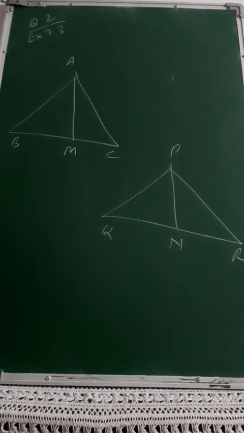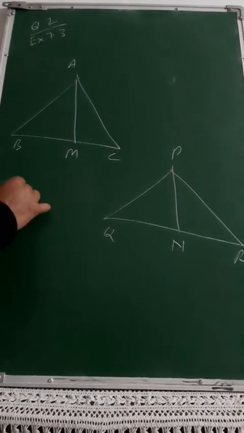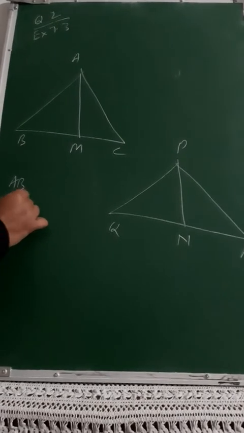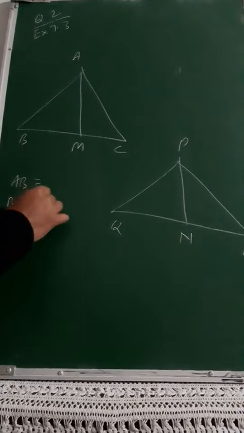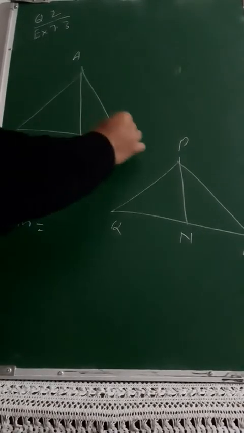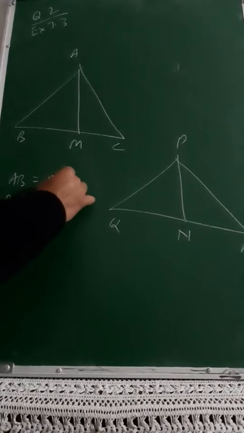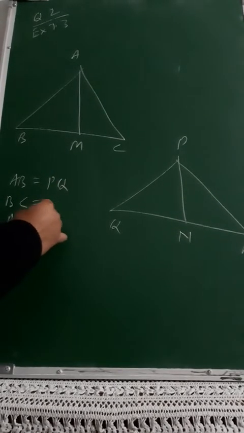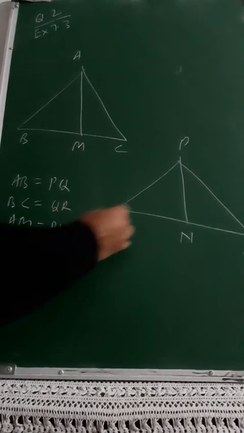So what is given? AB, side BC and median AM of one triangle, that is of ABC, are respectively equal to PQ, then QR, and then PN of the other triangle.